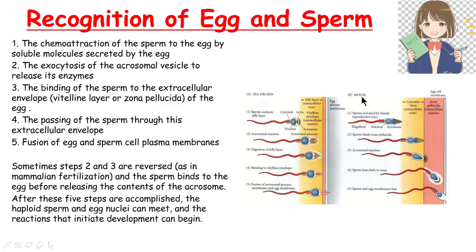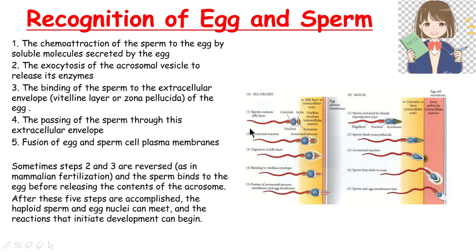But in the mouse you can see the sperm activated by the female reproductive tract. Okay, this is the flagellum, this is the nucleus, this is the acrosome. But in this it only has a nucleus, the centriole and the actin and the acrosome. Okay, the sperm binds the zona pellucida.